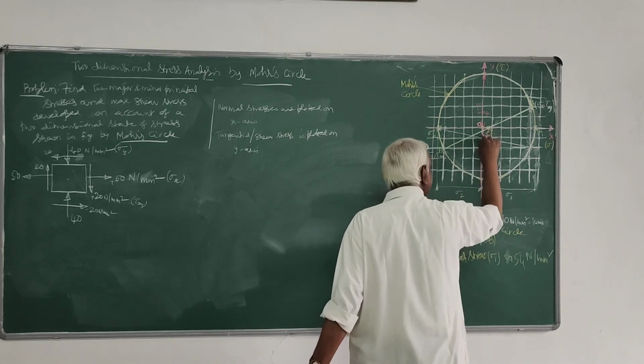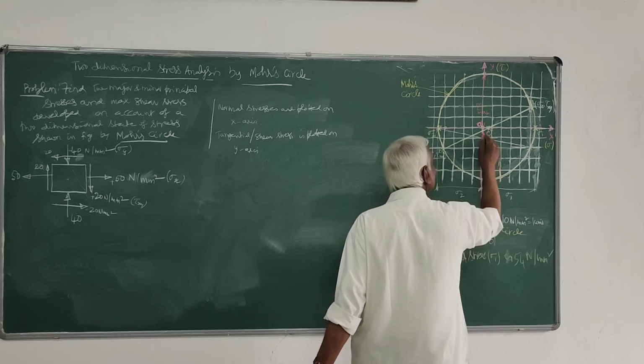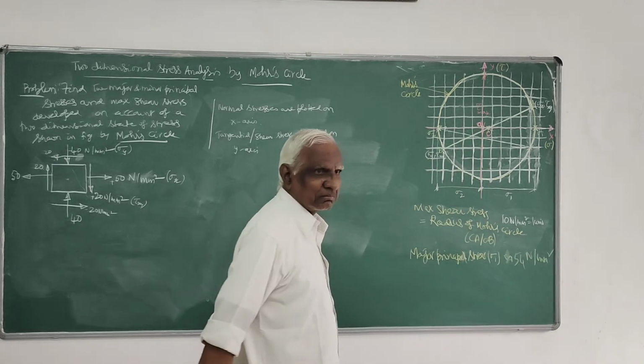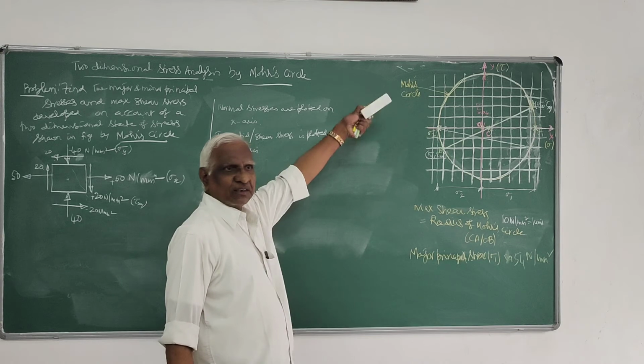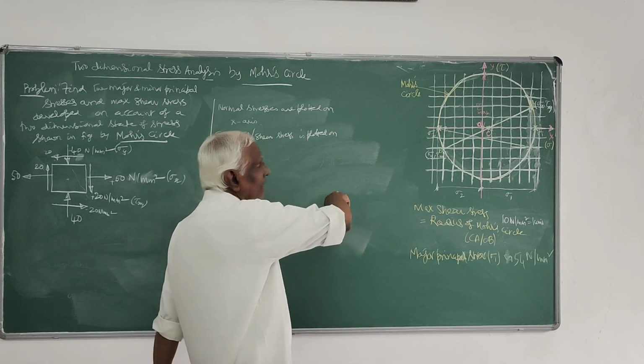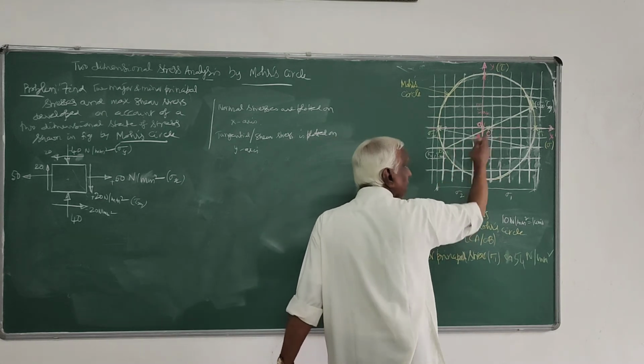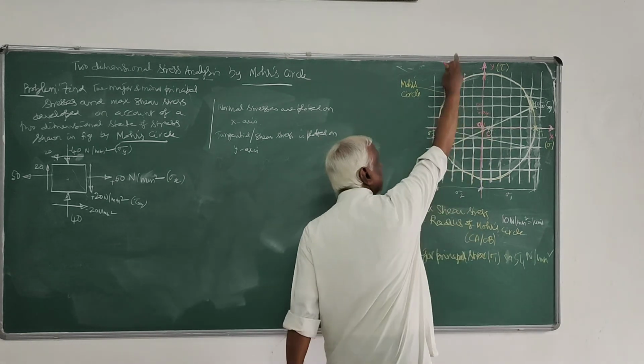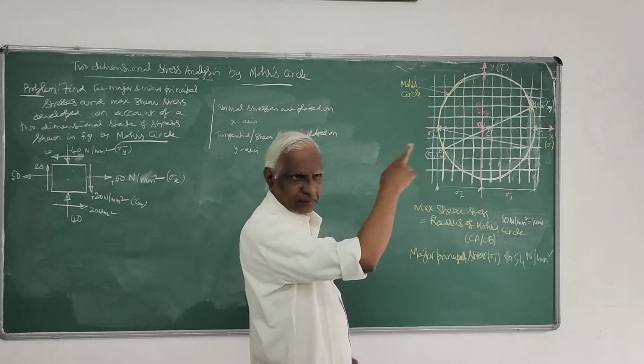Likewise, this is also a radius. Both will be equal. Either one can be measured, positive maximum shear or negative maximum shear.